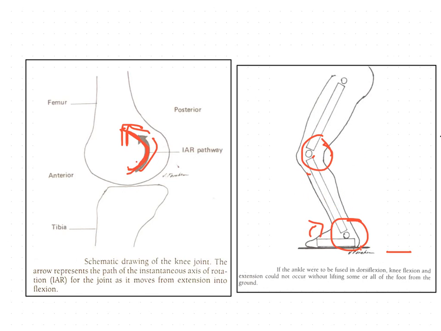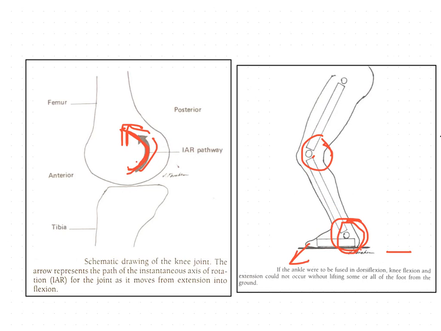And another example. A limitation of plantar flexion due to tight dorsiflexors. That means here the plantar flexion is not taking place. Then what will happen? The ankle is fixed in the position.